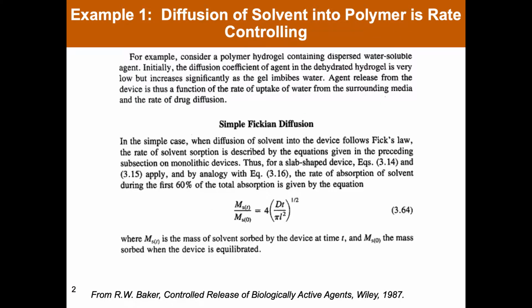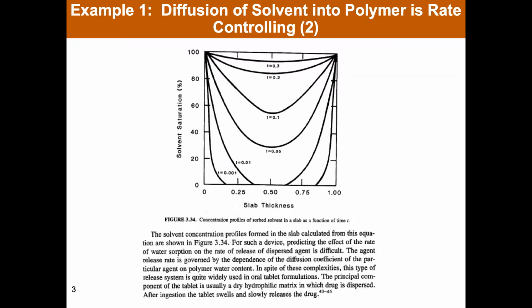So this is talking about the simplest case where one would have diffusion of a solvent into a device, and if that follows Fick's law, then the rate at which the device uptakes the solvent follows square root of time kinetics, and as the system swells, then the active agent can be released.